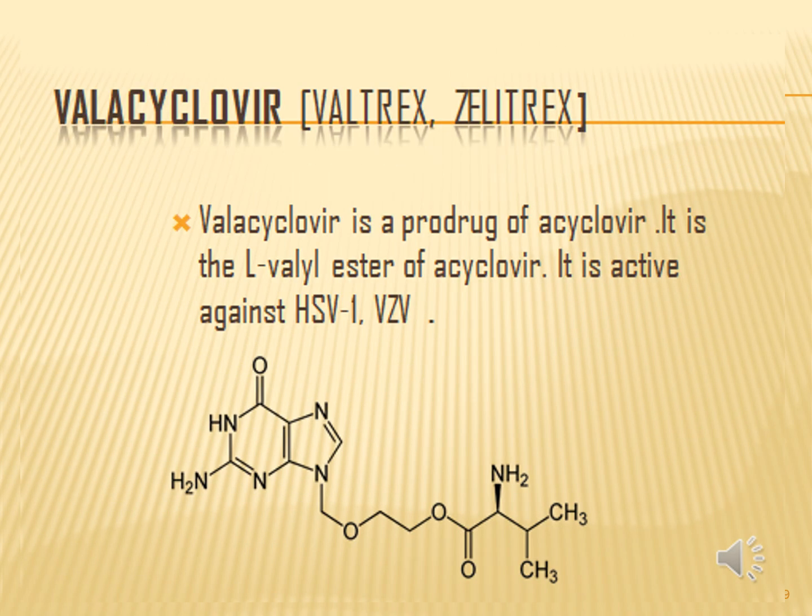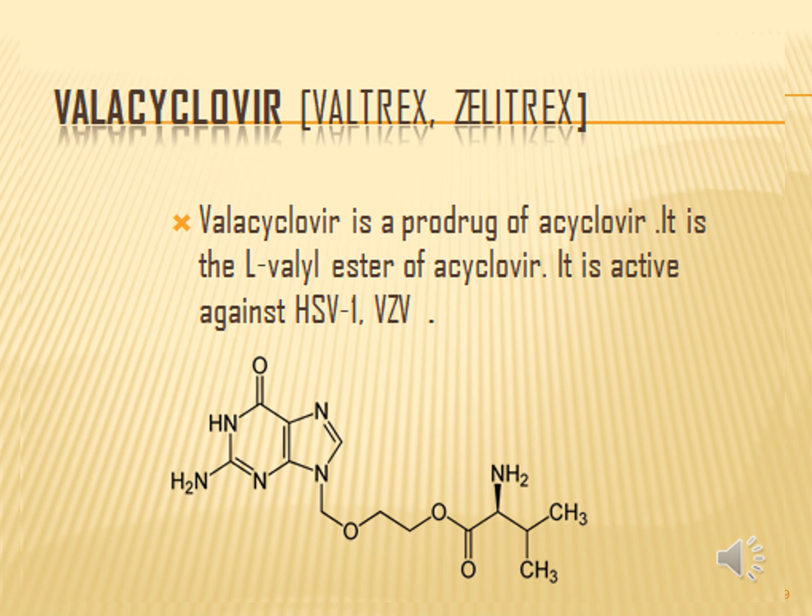Next is valacyclovir. Valacyclovir is a prodrug of acyclovir. It's the L-valyl ester of acyclovir. It is active against HSV-1 and varicella zoster virus. Please find the structural difference between acyclovir and valacyclovir. What is the difference? At the 9th position, right? The 9th position is attached with a slightly lengthier group. What is that?